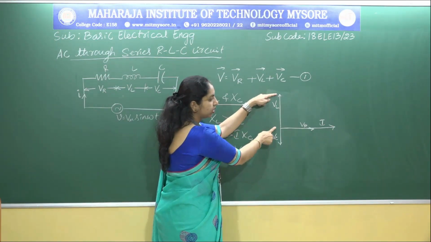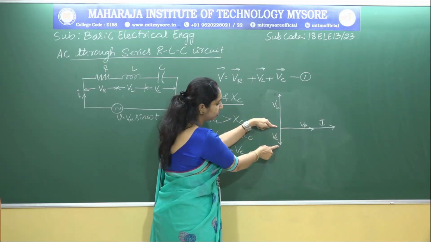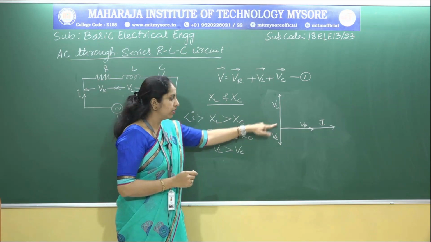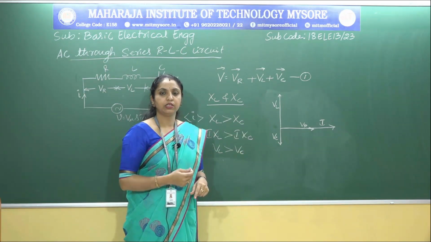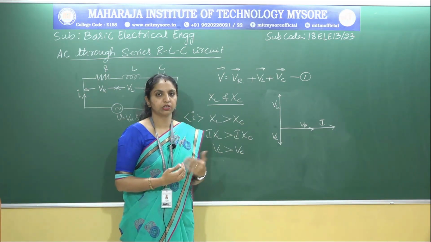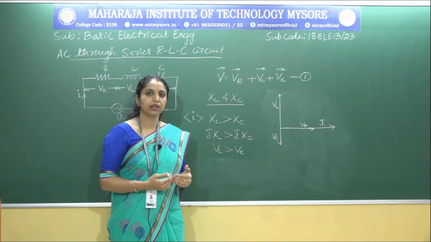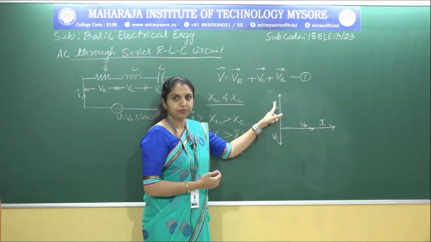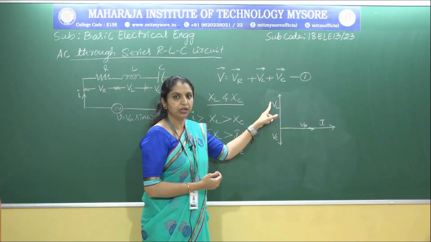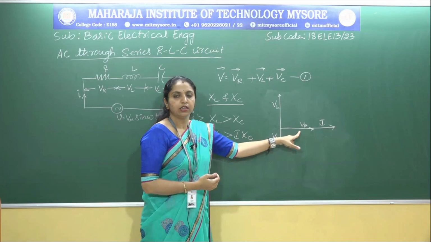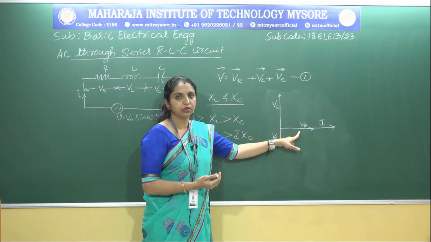You know why I have taken this one as a lengthy one and this one a short one: because VL is greater than VC, the resultant of VL and VC will be directed towards VL. And I lags behind VL minus VC.